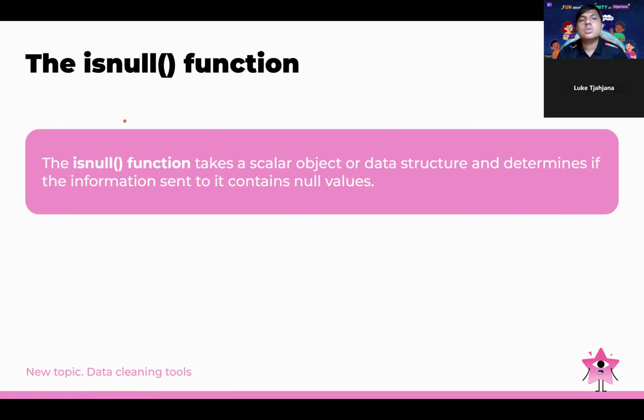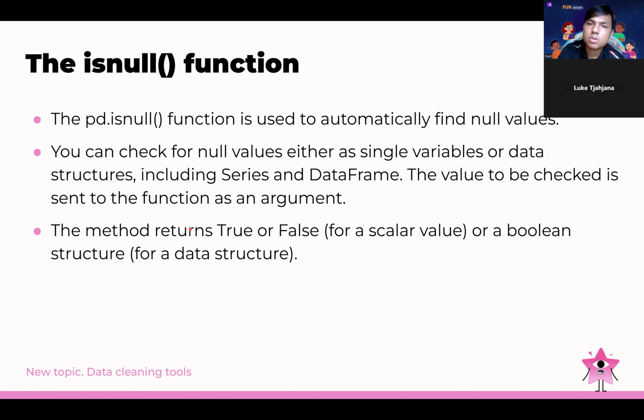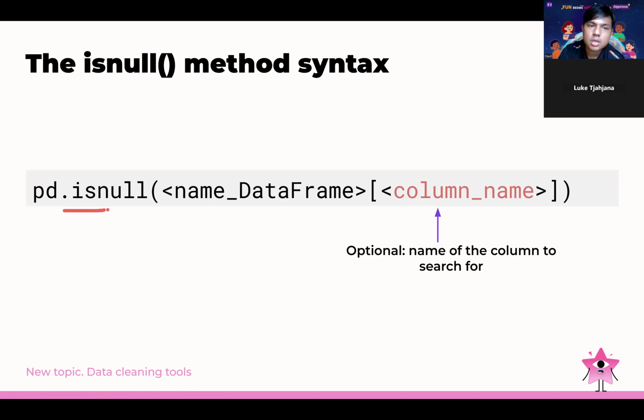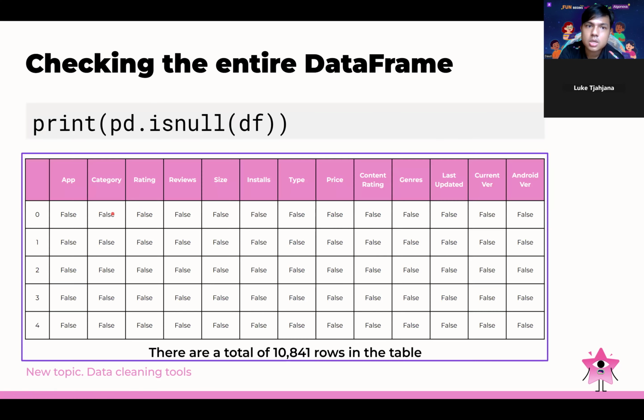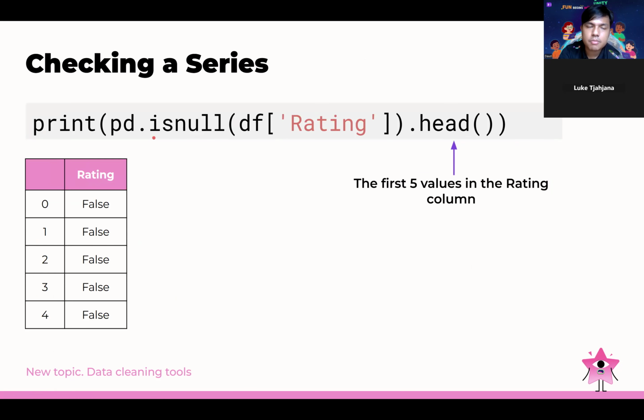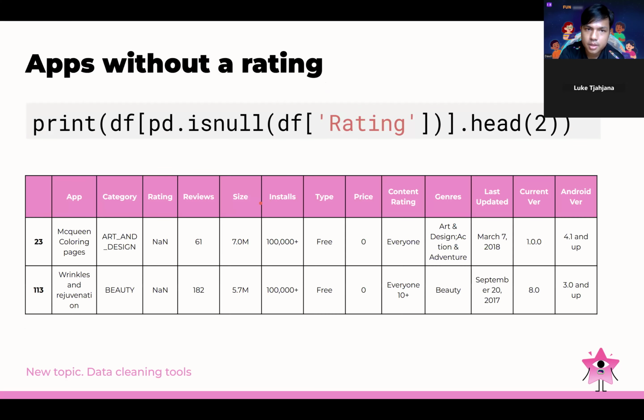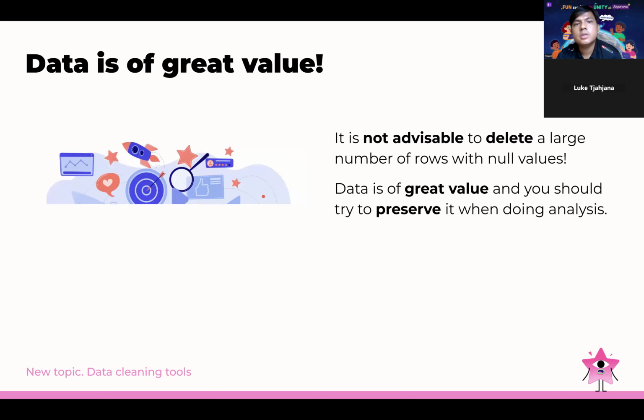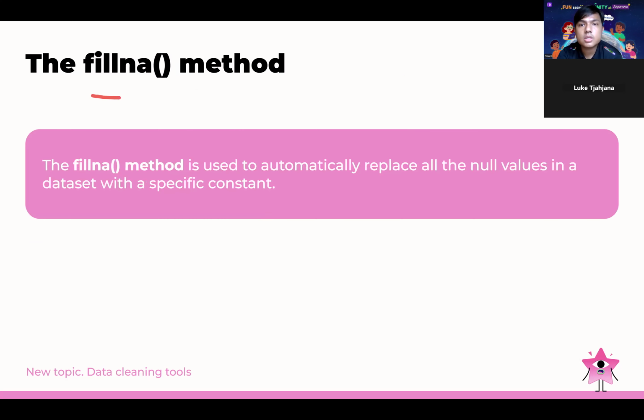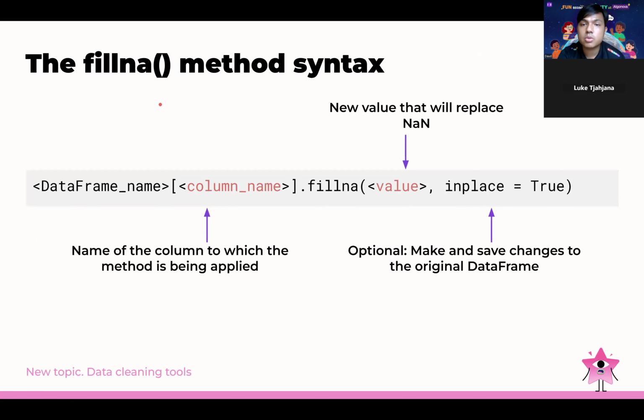If you want to calculate how many null values are in your data, you can use the isnull function and then call the variable names. For example, if you want to filter all of the rating column with null values, you can use pd.isnull. Next, if you face null values, you can use fillna. Fillna gives a new value to those null values.